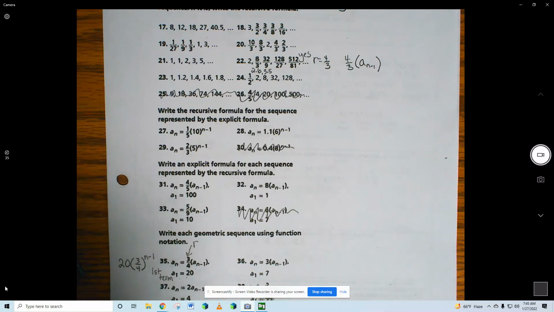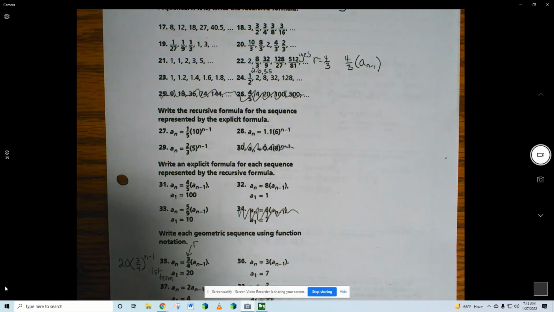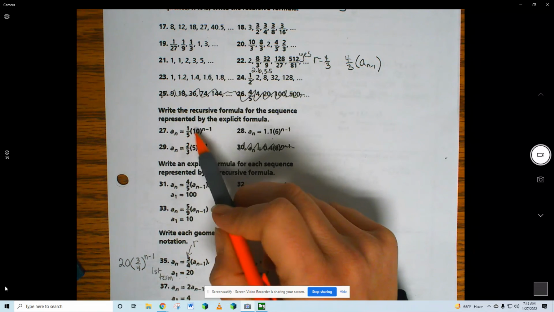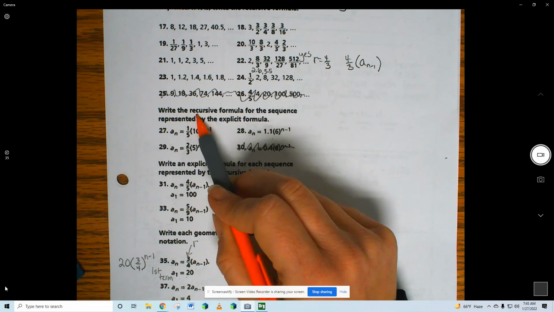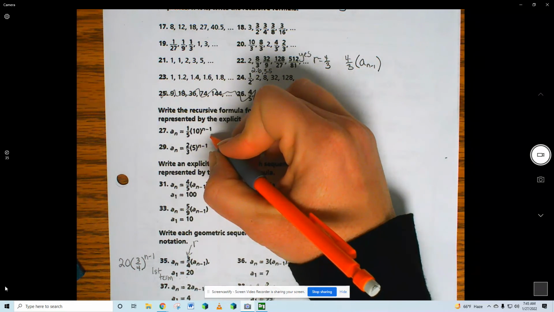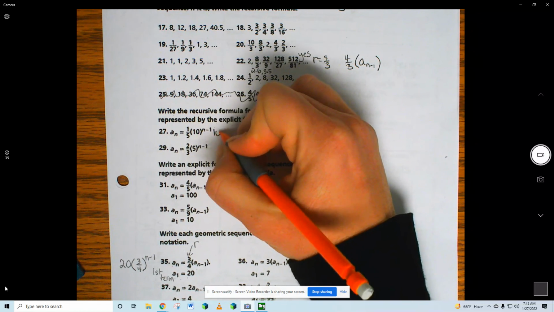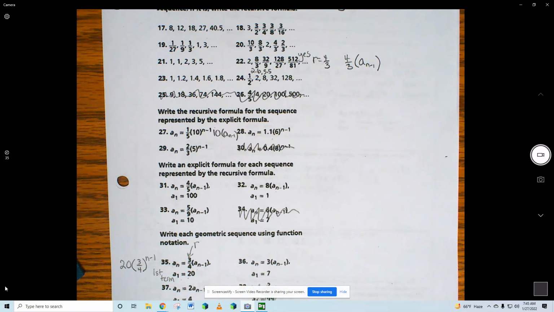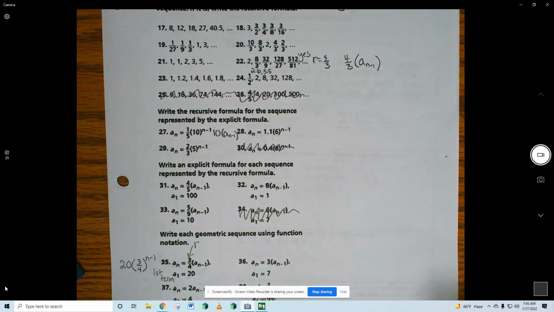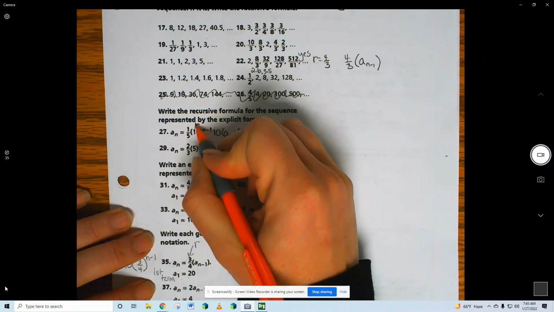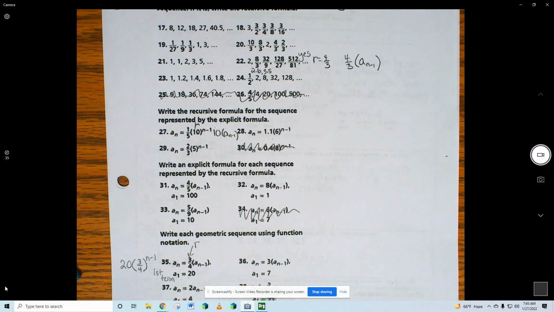Explicit is 1/5, 10 to the n minus 1. I'm going to write the recursive. My common ratio is 10. 10, parentheses, a sub n minus 1. And that's it. I'll put an R above the 10 so that you know that that's the common ratio. That was 27.